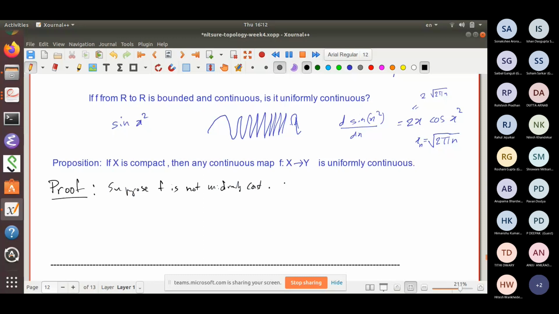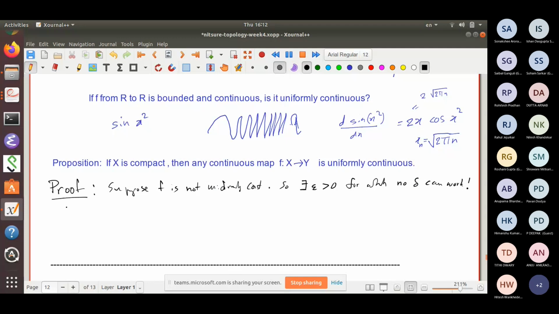That means, the negation of for all epsilon means there exists some epsilon greater than 0 for which no delta can work. This is what it means. Because to be uniformly continuous means given any epsilon, you can find a delta. Not uniformly continuous means there is some terrible epsilon, terribly small maybe, for which no delta can work.